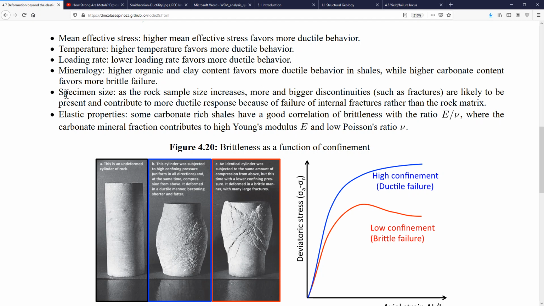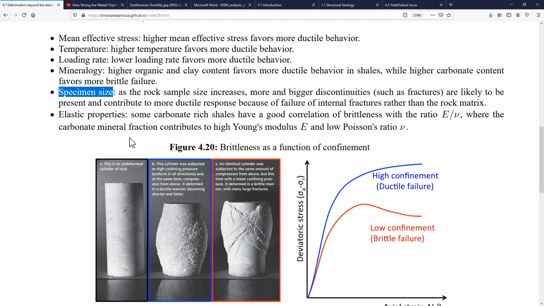And last, specimen size is also important. Usually, the bigger the specimen of rock we take, the more likely it is that we find heterogeneities and discontinuities, and those heterogeneities and discontinuities are going to favor more ductile deformation at a larger scale than at a small scale.